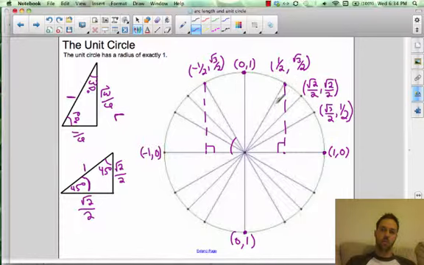So we'll have all the same values, except they will all be negative instead. So for example, this one will be negative root 3 over 2 and negative 1/2. And then over here, the x is positive because we're moving in the positive x direction, and the y's will all be negative, but again, they will have the same values as their counterparts on the other half of the circle. Okay, so give it a try, see if you can do it.